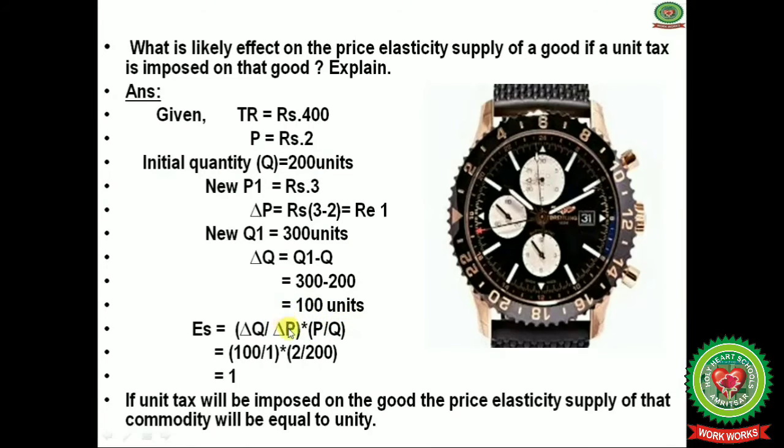Now apply these values: delta Q 100, divided by delta P 1, multiplied by original price 2 divided by 200. After calculation we will get 1. So elasticity of supply is equal to 1. It means that if a unit tax is imposed on the good, the price elasticity of supply of that commodity will be equal to unity.